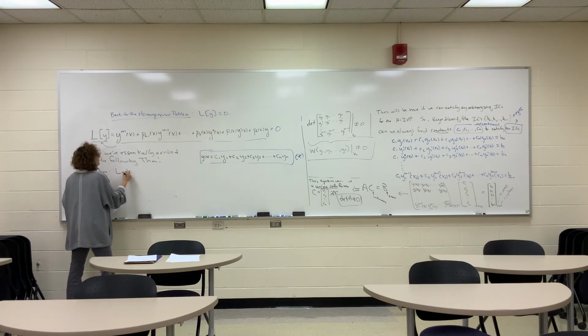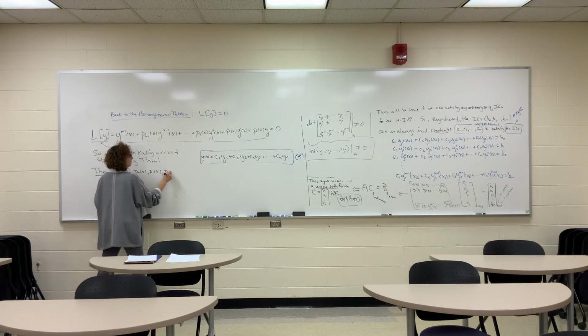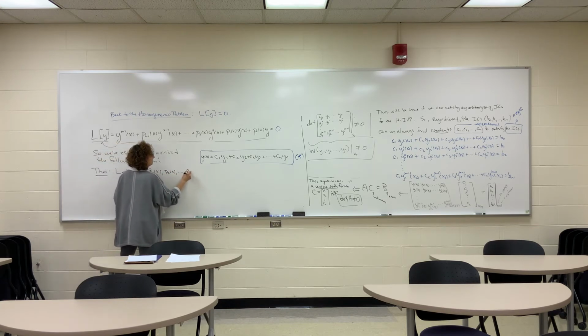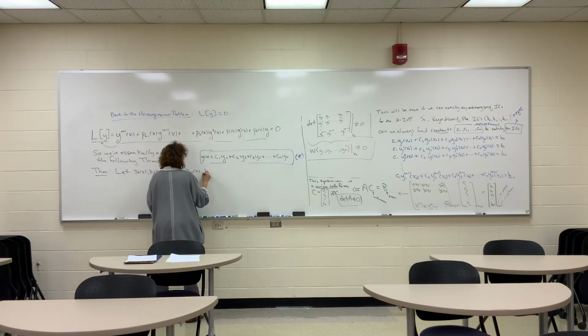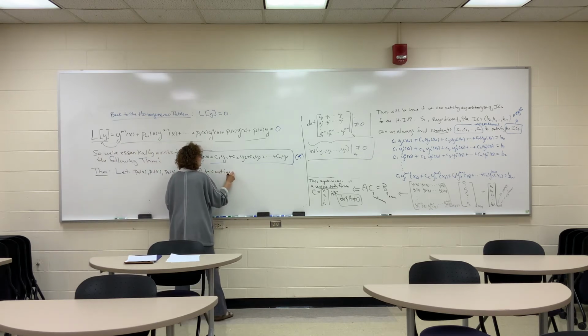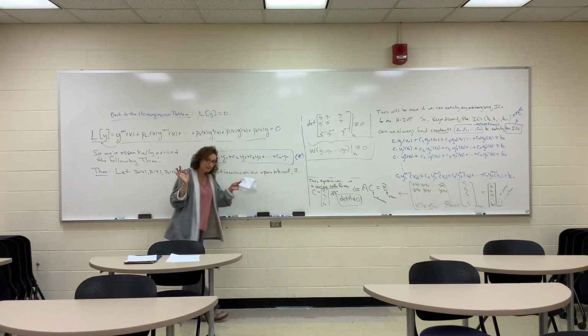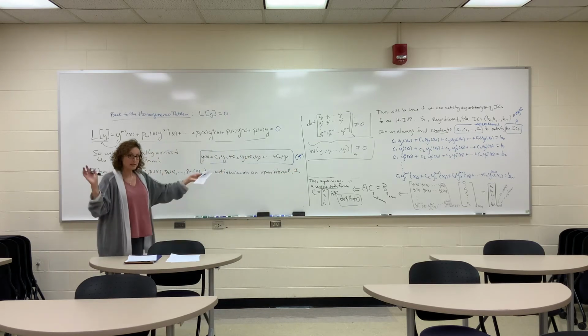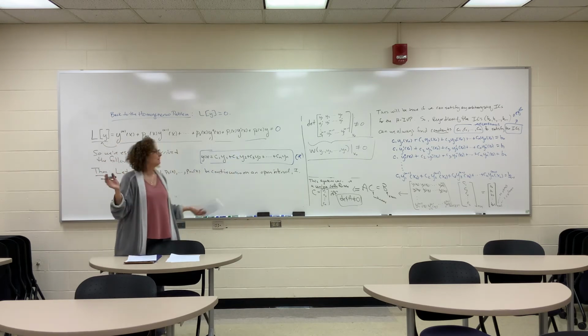Let all those coefficient functions be continuous. We're talking about the homogeneous problem now, so we don't have to worry about g of x. Let those be continuous on an open interval I, like somewhere from a to b, like minus infinity to infinity, or negative 1 to 1, something like that.